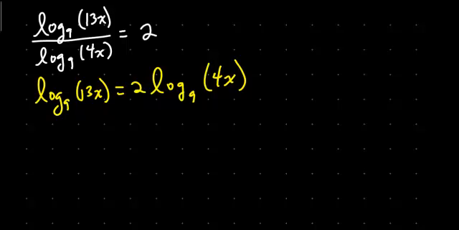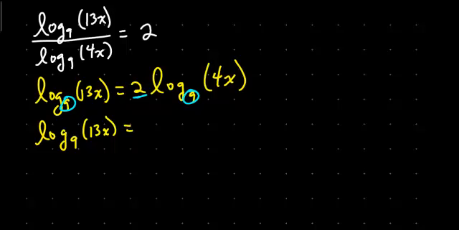Now I'm going to have log base 9 of 13x. I notice here that I have a base 9. I have two things equal, and they're both log base 9. So if I can get that 2 out of there, I can just set the things that I'm taking the logarithm of equal. Let me just do it. Hold on.